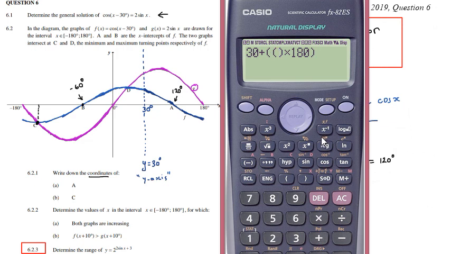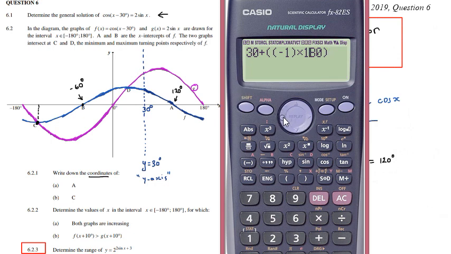Let's try a K value of negative 1. That gives us negative 150, which is actually an angle in between minus 180 and minus 60 degrees. So that will be the coordinate at C.